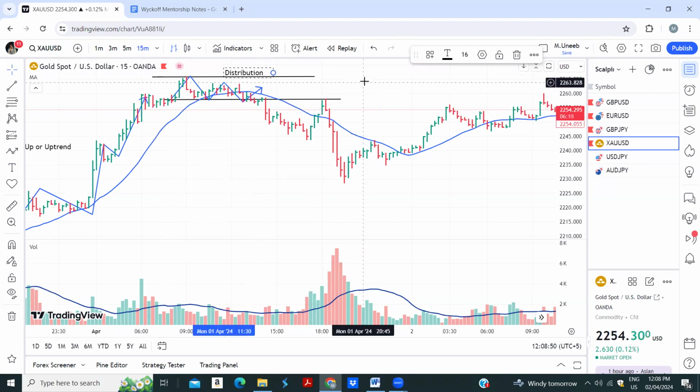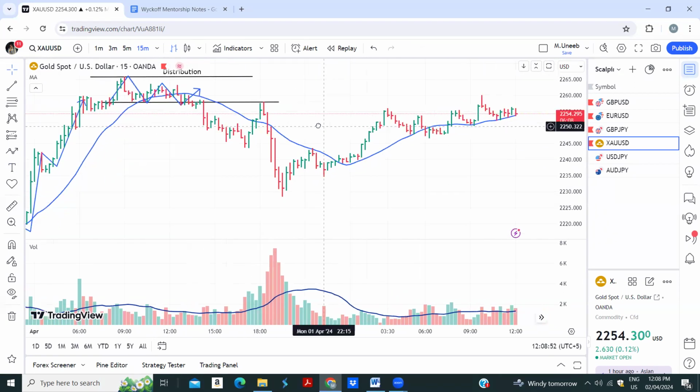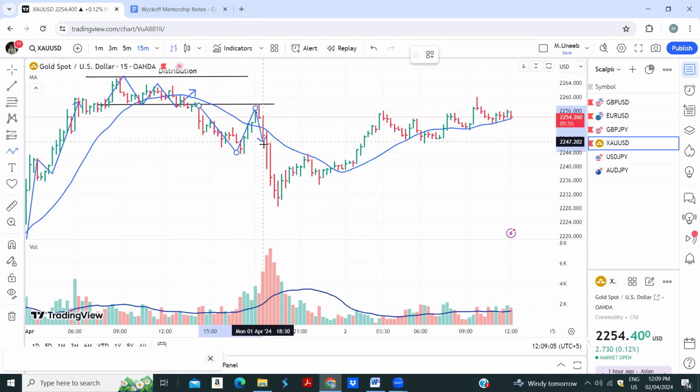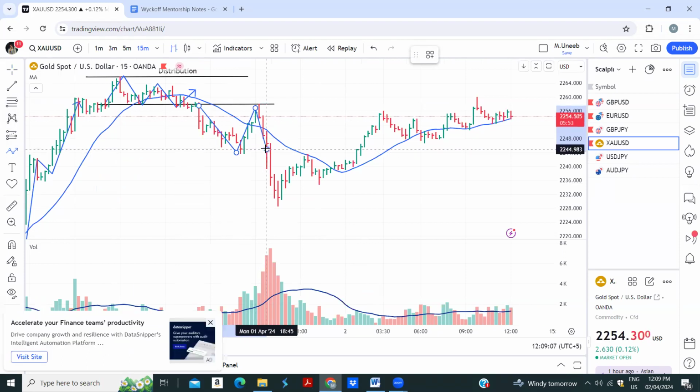And after distribution, we have markdown.